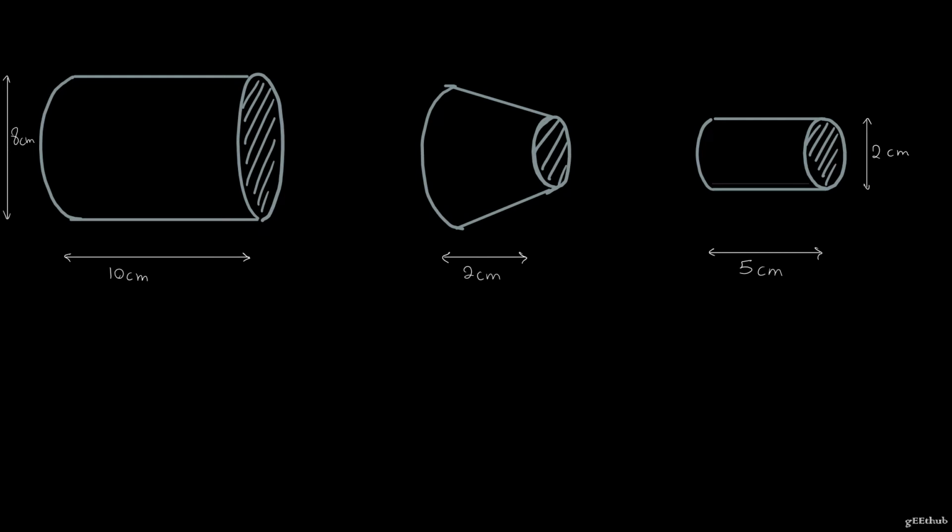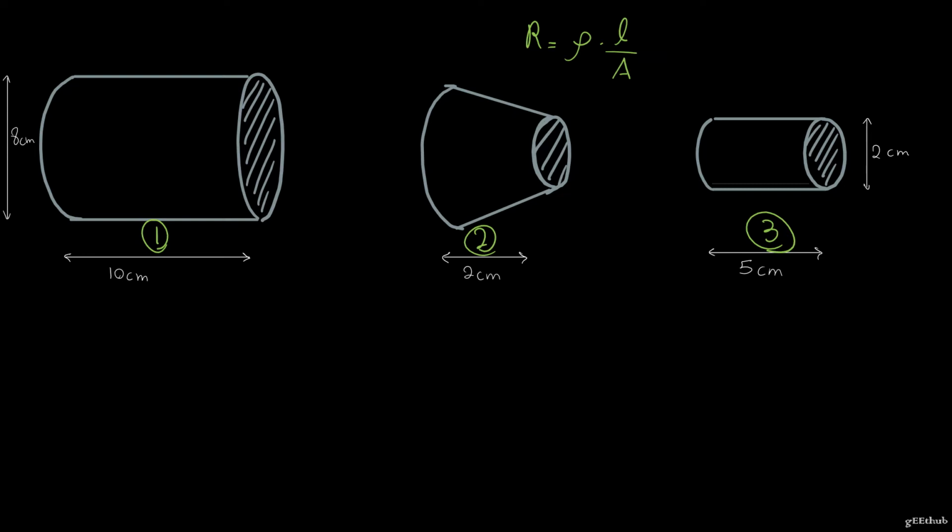Now that I have these 3 pieces, the first object and the third object look familiar to me. I'm going to use my equation rho L over A to get their resistance first, and then I'm going to worry about number 2.